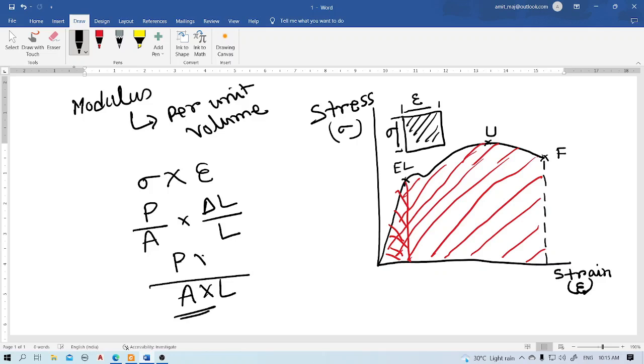Volume means in this stress strain diagram, whatever area you are taking, that is per unit volume, and that's why the term is said in this way: modulus of toughness, modulus of resilience. Clear?